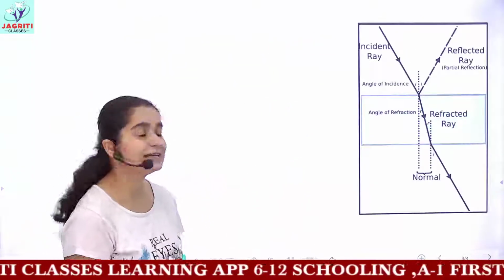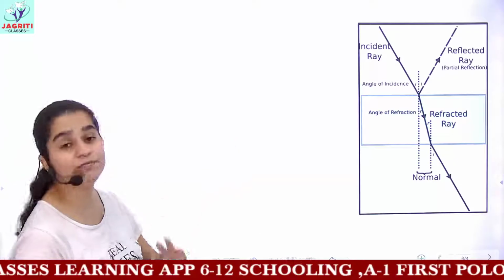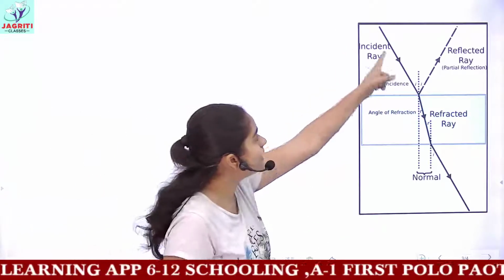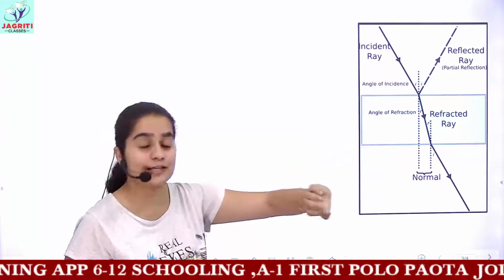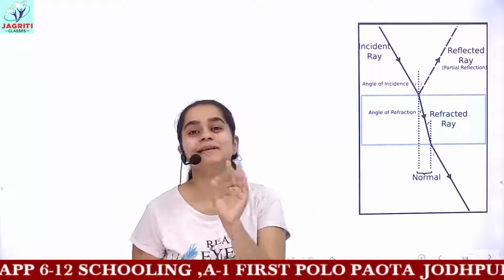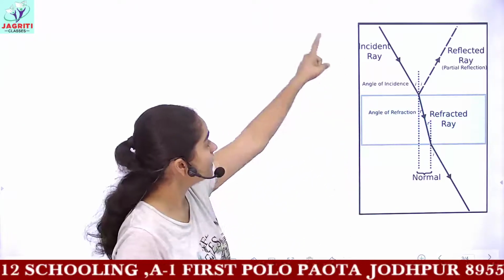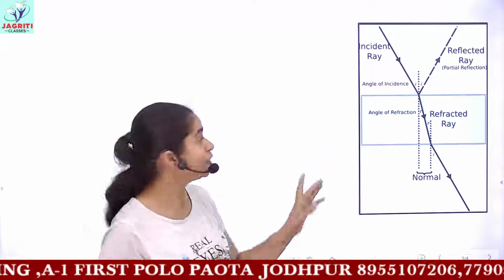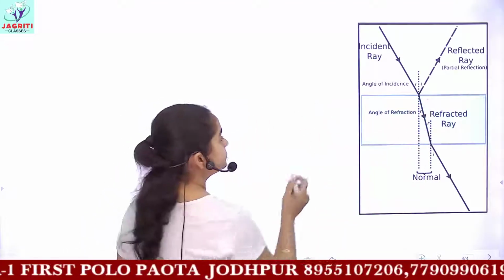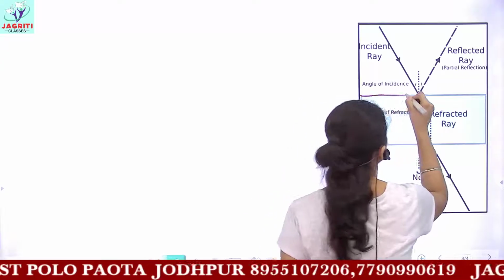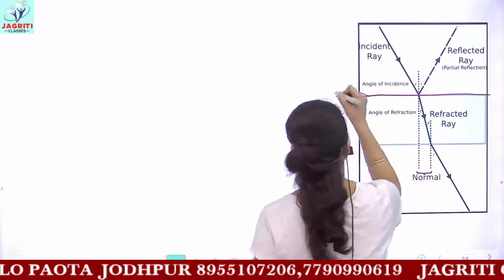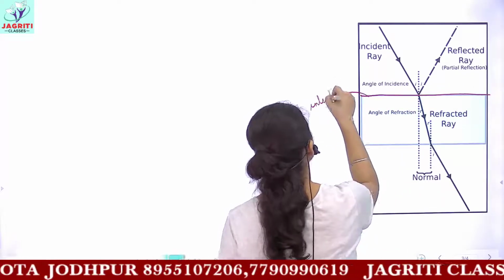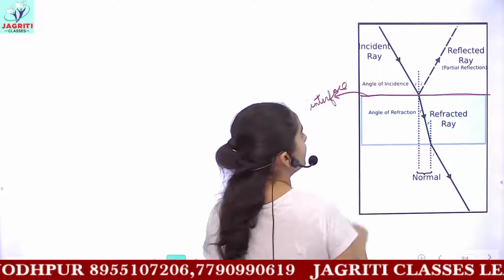So now this is the diagram in front of you showing refraction. Incident ray: as we discussed the terms for reflection, similarly we will see for refraction. Incident ray is the ray which strikes on the surface, or which strikes on the interface. This region is known as the interface between two different mediums.